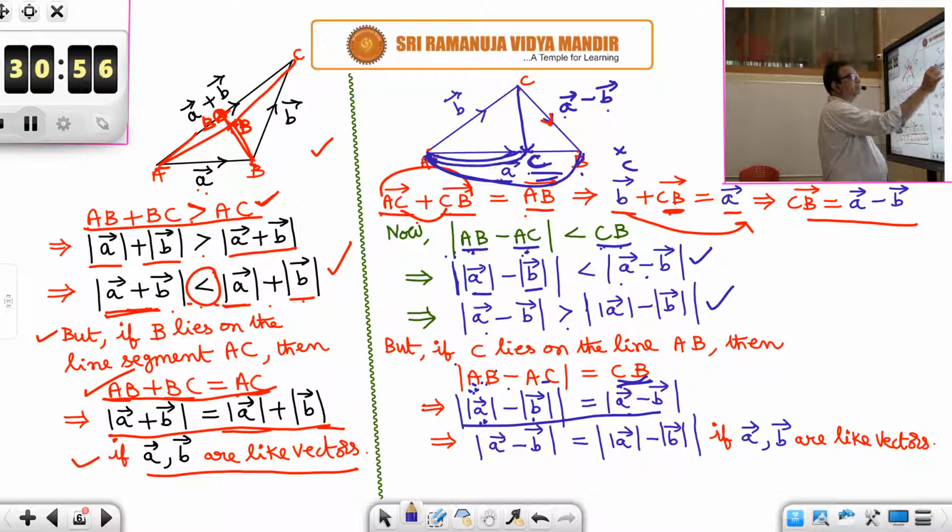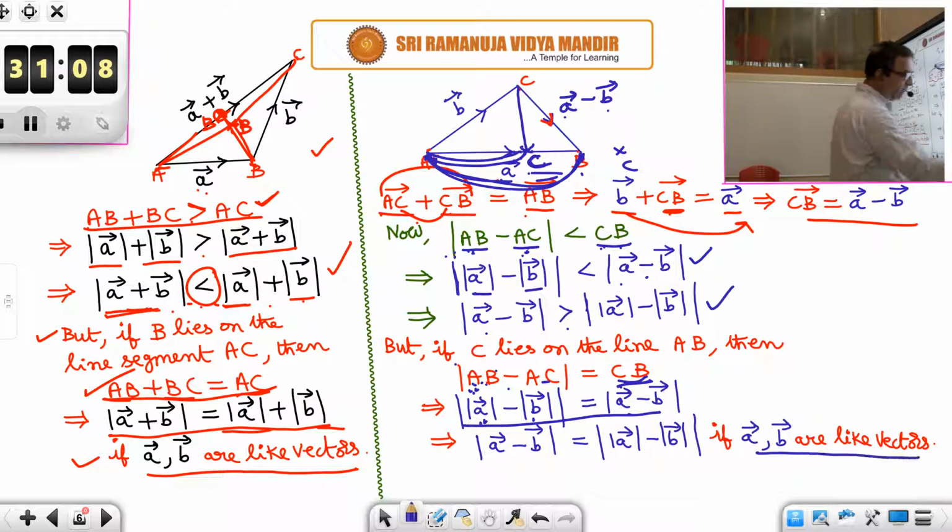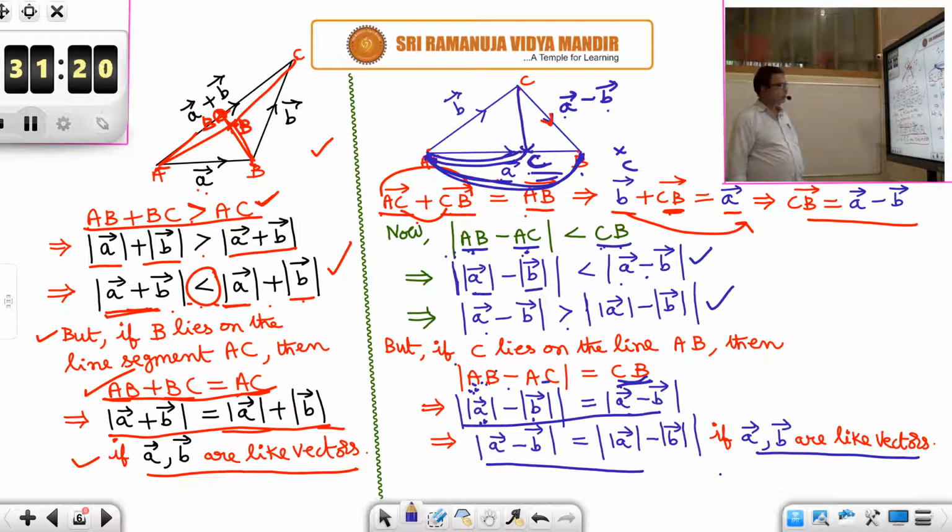AC is B bar and AB is A bar, and they are collinear. That means A bar, B bar are collinear, and also they are in the same direction, like vectors. So in both the cases, equality will hold good when A bar and B bar are like vectors.